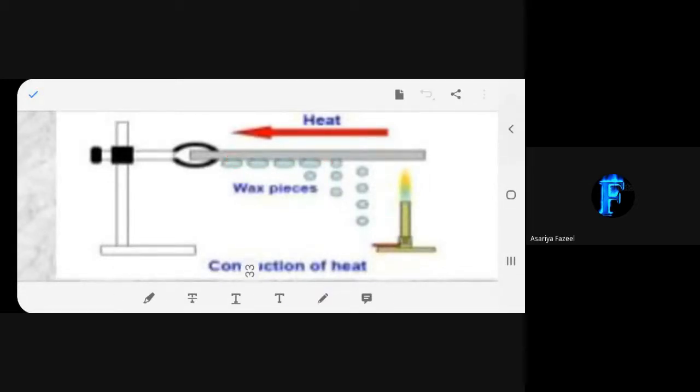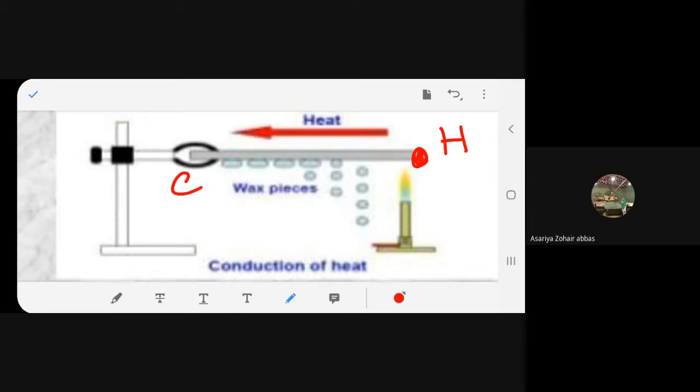What are we doing? We are heating at one end. This is hot. This is cold. Agree? All of you agree? Yes, ma'am. Now the particle is moving. It's becoming hot, it is moving here. Yes or no?